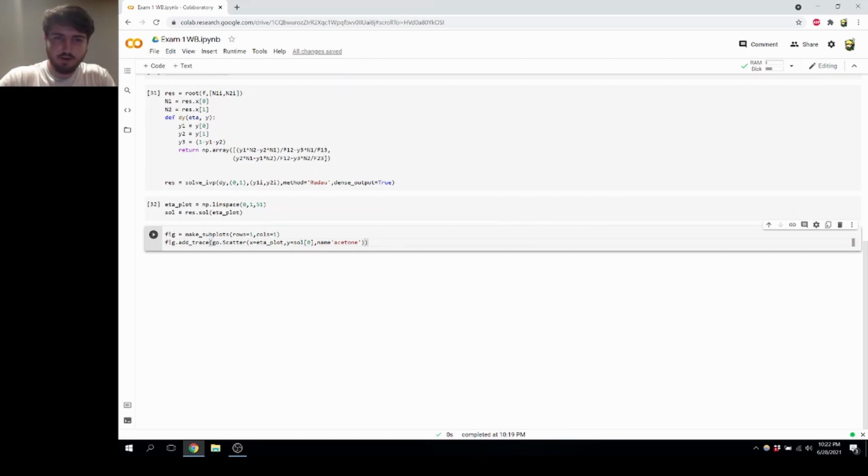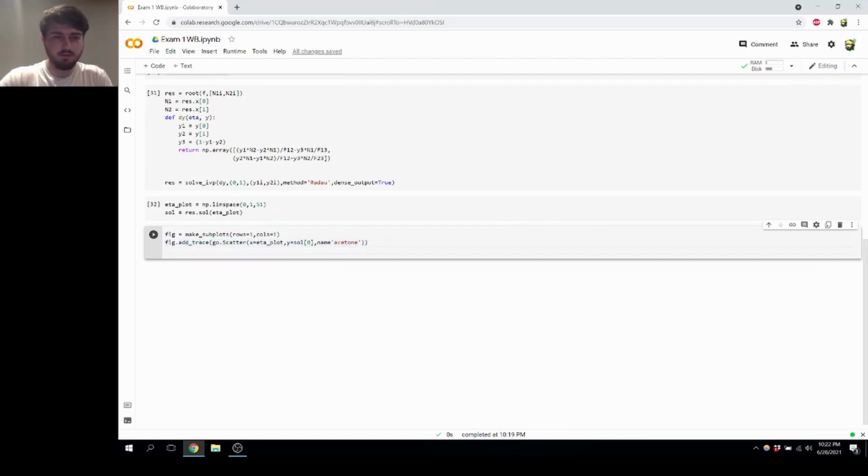And thank goodness for copying and pasting, that'll make it a little bit easier for us. In this one, we're changing this to 1, because that is for y2. And we're going to change the name of this to methanol.